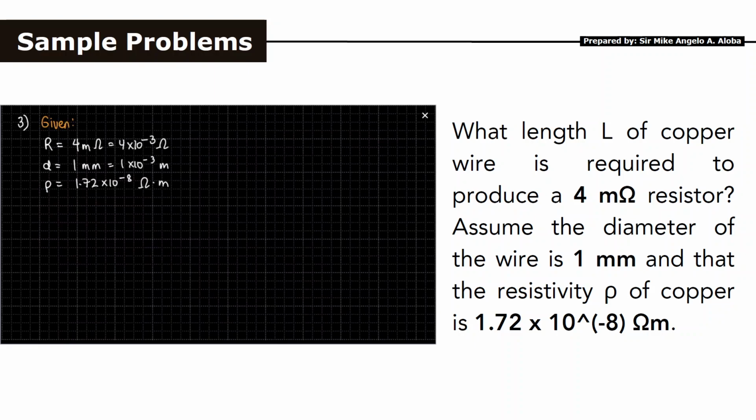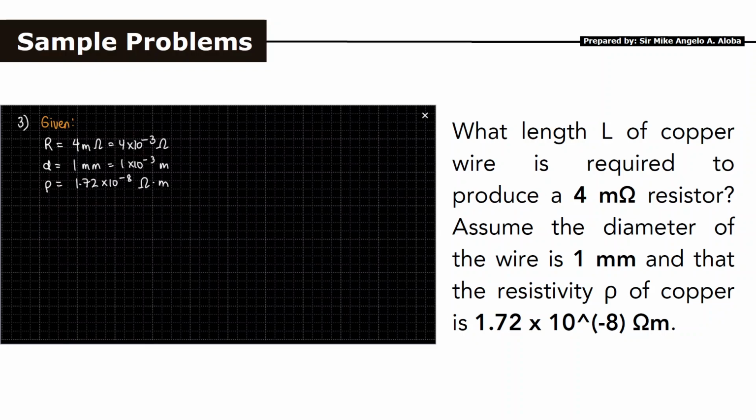We are given R, 4 milliohms, which is 4 times 10 raised to negative 3 ohms. 1 millimeter is 1 times 10 raised to negative 3 meters. And a resistivity rho, so that is not P, it's the Greek letter rho, the R of Greek.